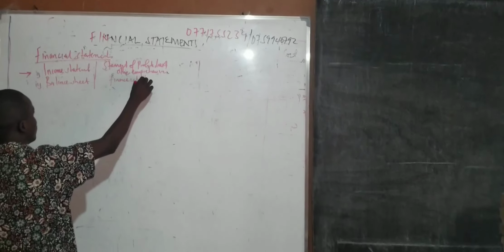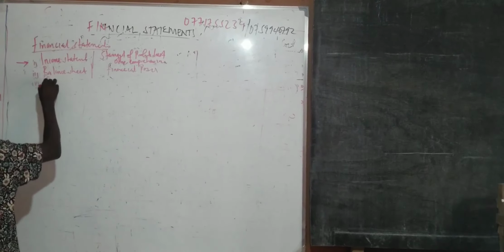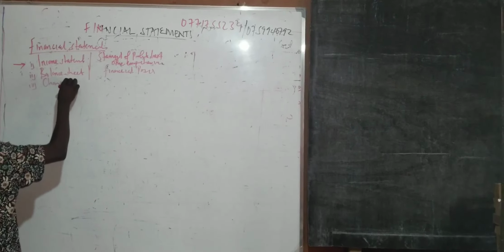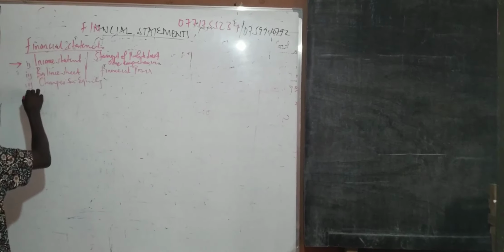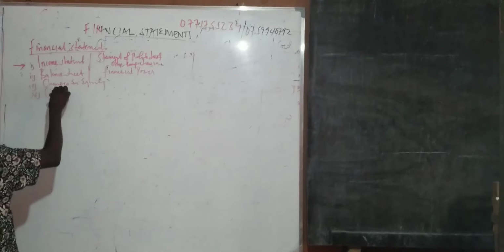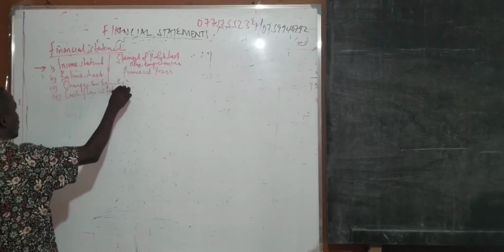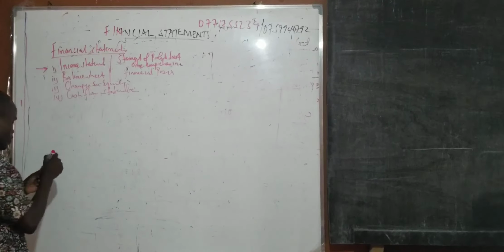We also have the statement of changes in equity. And we also have the cash flow statements. Basically today I want us to concentrate on these first two, the income statement and the balance sheet.